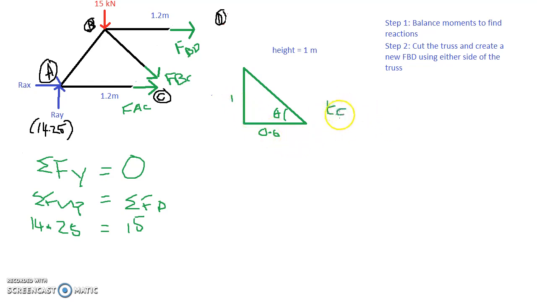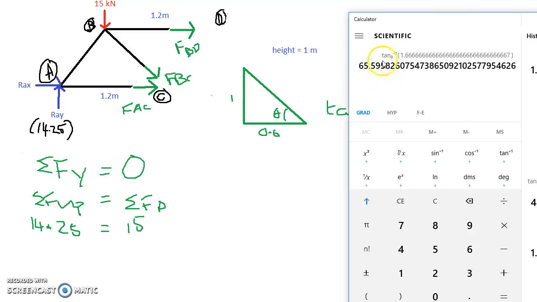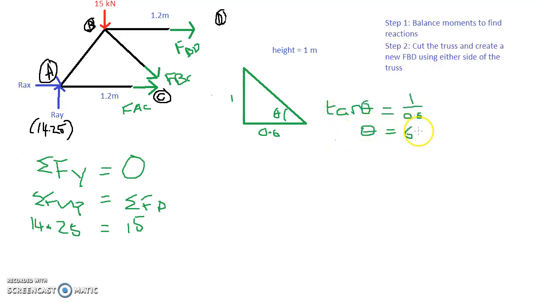Because we have opposite and adjacent, tan theta equals 1 opposite over adjacent 0.6. So theta is going to be the inverse tan of all that. I'm just going to do the calculation. All right, so we inverse tan that fraction, we get 65.6 degrees.